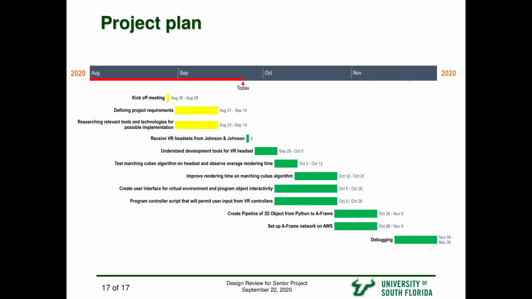So starting from that point on, the development is splitting into 3 different development paths. One path will be solely focusing on testing the marching cubes algorithm in order to observe average rendering time and improving performance through different techniques.